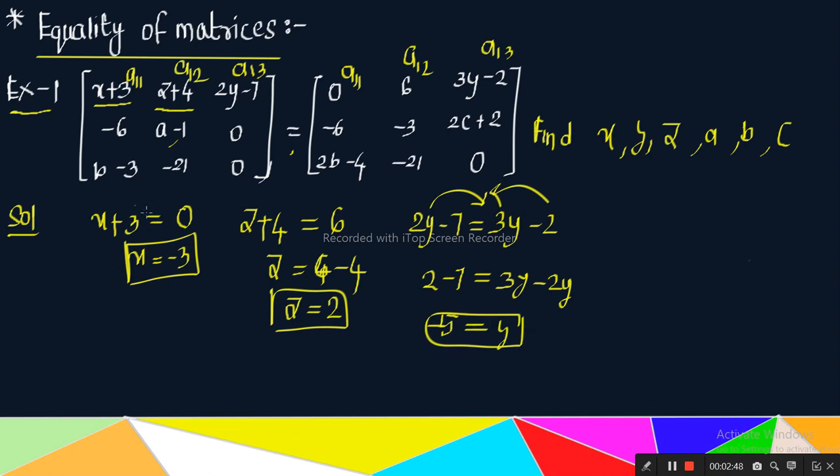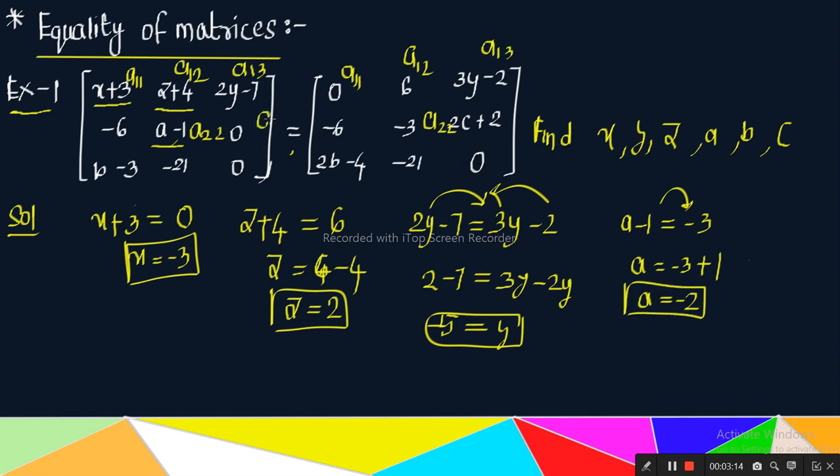Let us find the value of a also. In place of a22, a minus 1 is equal to minus 3. Minus 1 goes there and becomes plus 1, a is equal to minus 3 plus 1, so a will be minus 2. We got the value of a also.